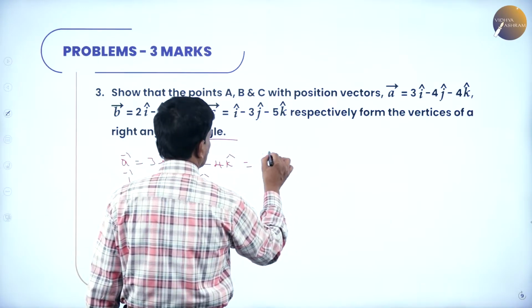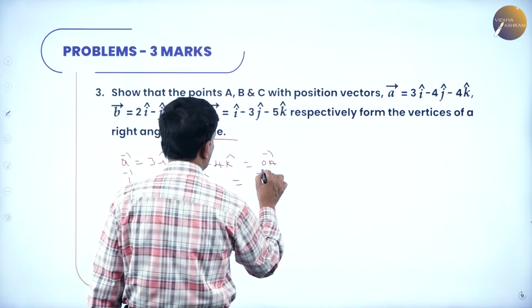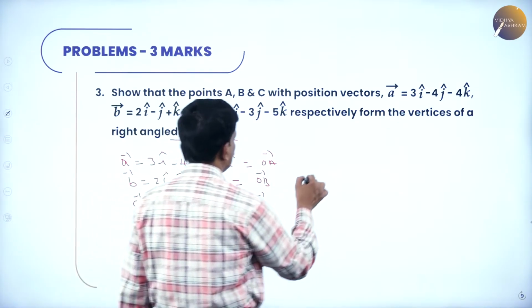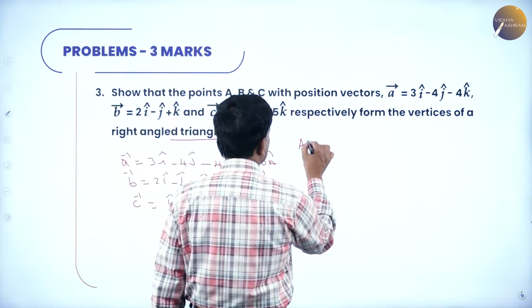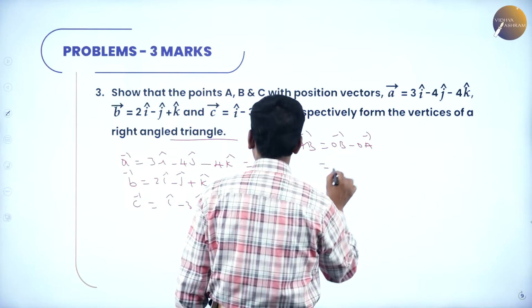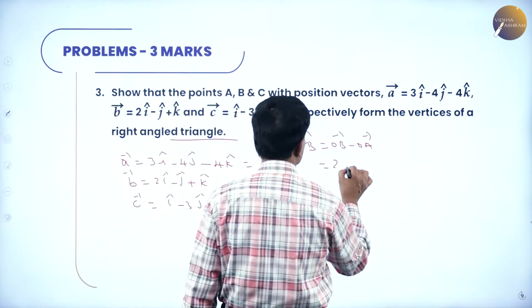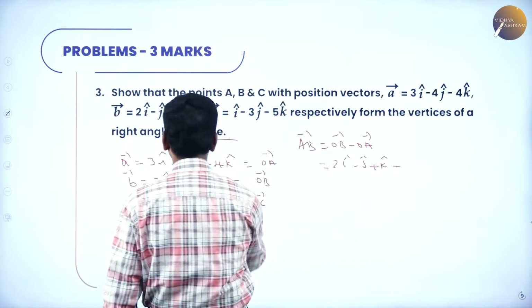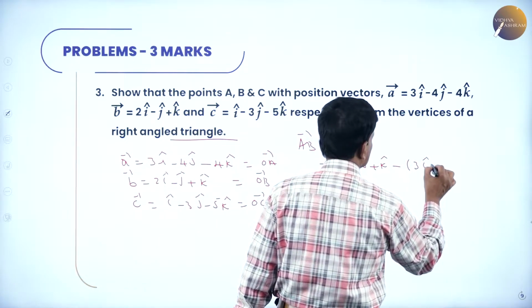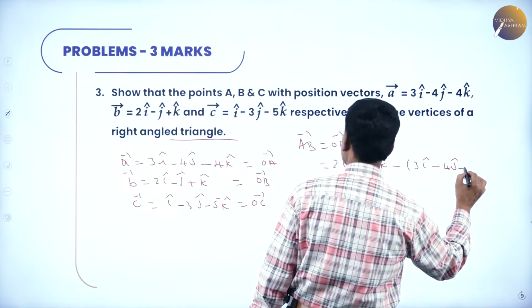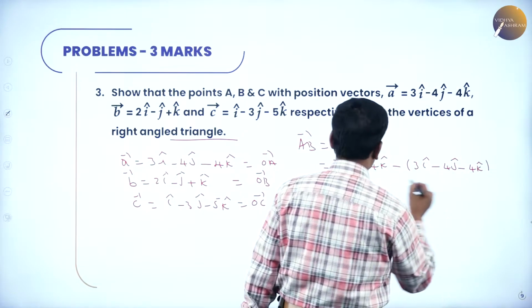So therefore vector OA, this is vector OB and this is vector OC. Now find out AB. AB is equal to OB minus OA vector. What is OB? 2i minus j plus k minus 3i minus 4j minus 4k multiplied by the negative sign.